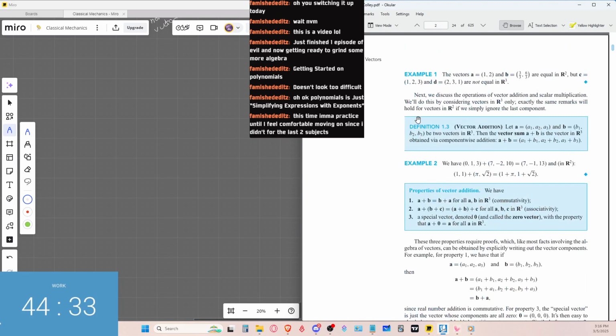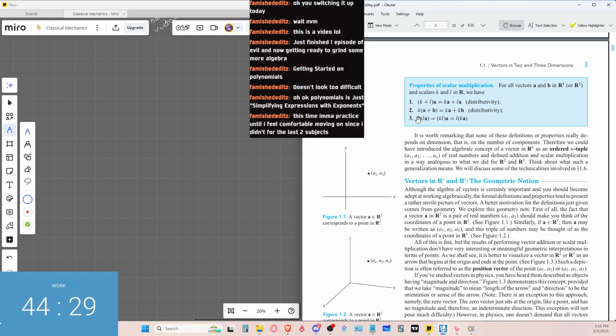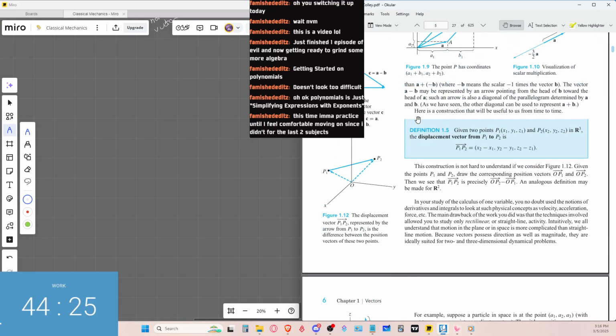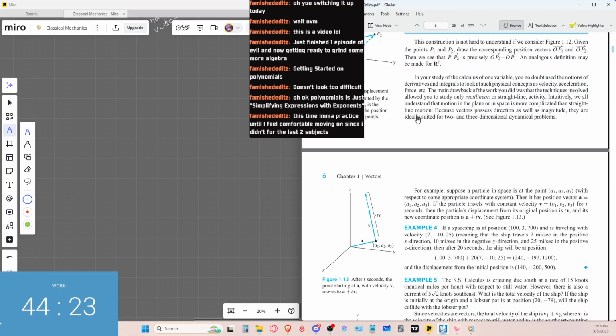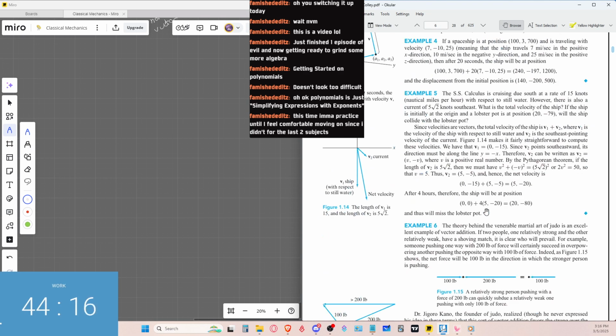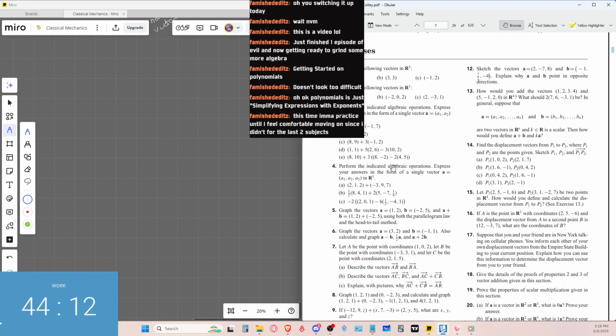The first part covers vector addition, scalar multiplication. I think that's the basic stuff that you learn when you start learning vectors. Displacement. So we sketch the vector. Find the displacement vector.